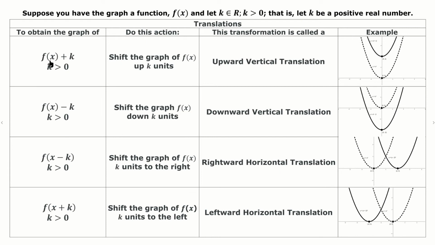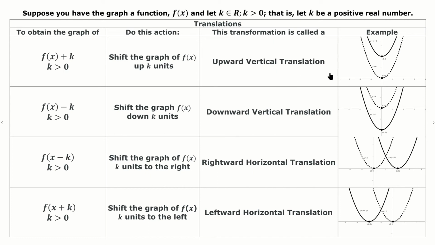So if we want to graph f of x plus k, remember k here is a positive number, all we're going to do is take the graph of the original function f, which I'm depicting here using a dotted line, and to obtain the graph of f of x plus k, we're just going to shift it k units up. That's all we do.